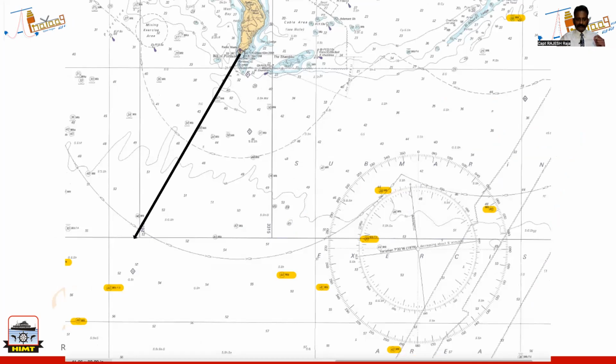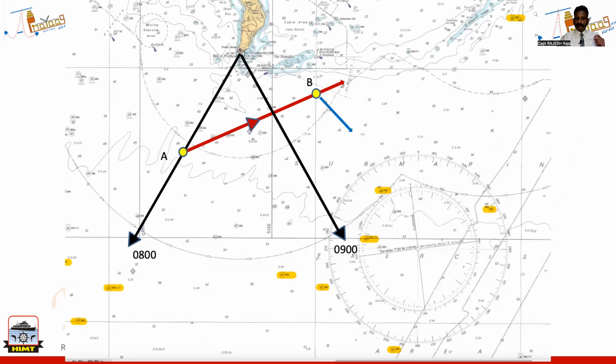Again, I'm starting here, first PL, second PL, assumed position Alpha, CTS, mark your Bravo with 12 nautical miles. Please apply the set and rate because it is for 1 hour. The whole triangle is going to form for 1 hour.